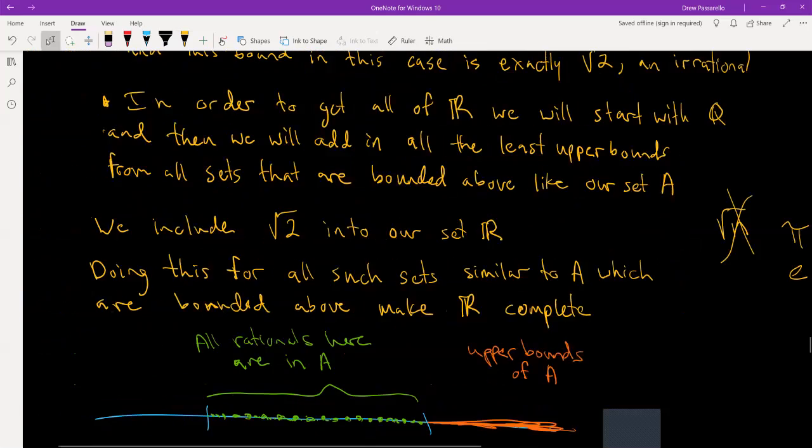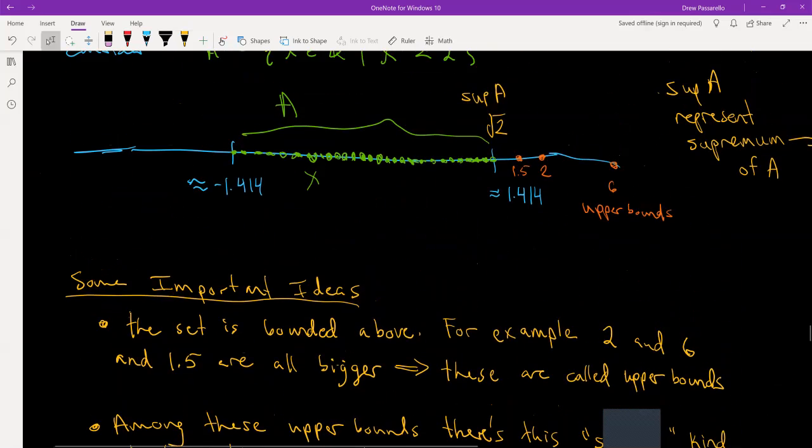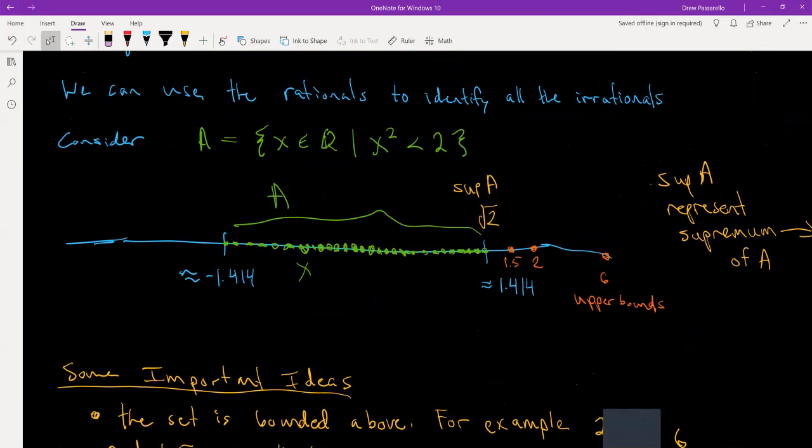So this was just an example demonstrating that in this case, the square root of 2 is the supremum of the set A, where A is the rational numbers whose square is less than 2.